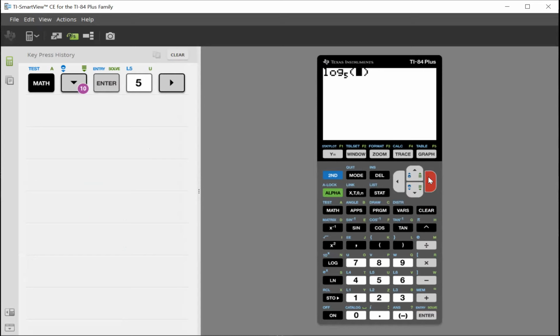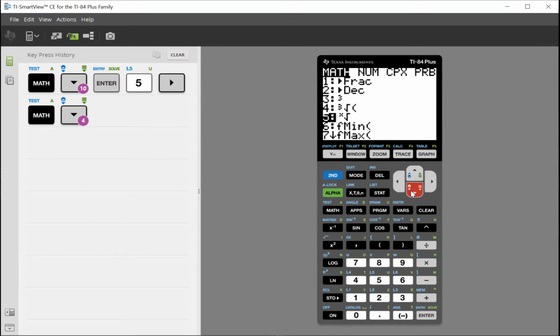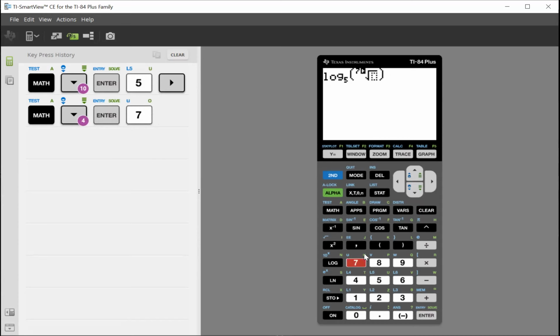So watch this. To get that radical, I'm going to go to math. And do y'all see number 5 here? Number 5 has an X in front of the radical. That's the one you're going to choose to put in your 7th root. So hit enter on number 5. Where it's blinking, I'm going to put the 7. And then I'm going to arrow underneath and put my 5.